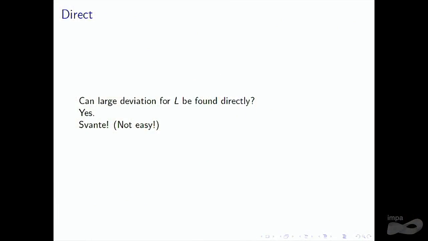It turns out if you make the step sizes, instead of being plus 1, minus 1, if you let them be IID standard normal, there's some arguments in that case using eigenvalues. And then you have to use an argument that replacing the standard normal by plus minus 1, the result is still the same. So actually, there is a direct argument for the large deviation for L, but it's not a particularly easy argument.